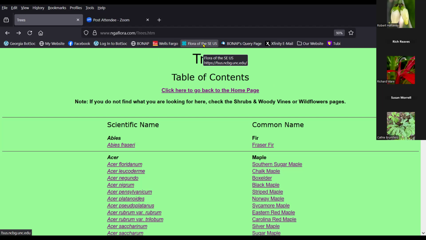Nobody's asked yet, but the apps. There are two basic kinds of apps. There are crowdsourced apps like Seek and iNaturalist, and my favorite is PlantNet, but they're all crowdsourced. Weakley's FloraQuest apps are not crowdsourced.